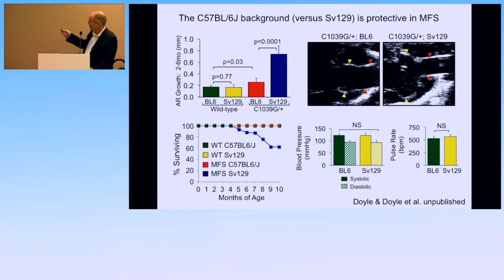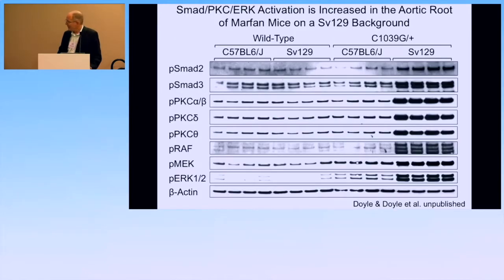Whereas the same mutation on the severe 129 strain is leading to these giant aortic root aneurysms and earlier death due to aortic dissection. There's no difference in heart rate or blood pressure between the strains, so that wasn't the explanation. If we looked at cellular signaling events, we can see that in the severe 129 strain, all of the cascades that I've been talking about, the SMAD cascade, the ERK signaling cascade, they're all greatly accentuated compared to the protected Black 6 strain.